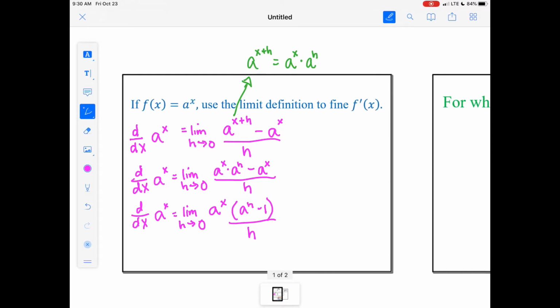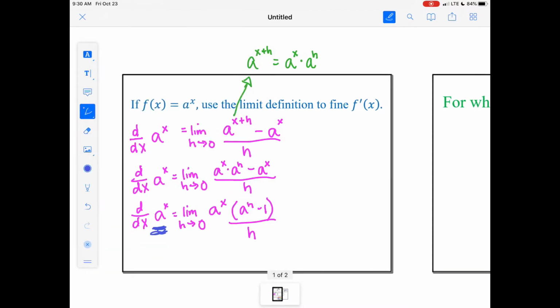Now, this is our sort of messy solution to what that limit definition is. But here's one thing that I think is super neat. You'll notice that the derivative of a to the x includes the function itself. What does that mean?